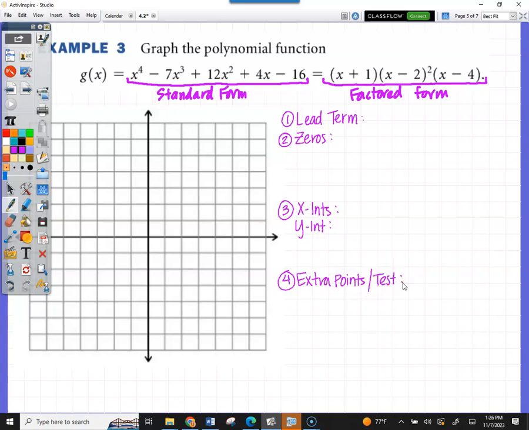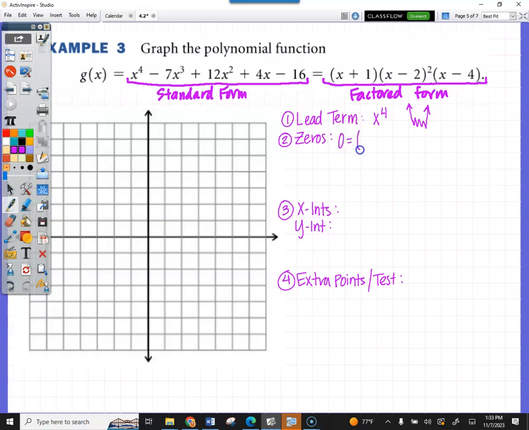Okay, we are looking at this. What's the lead term from standard form? X to the 4th power. Okay, so it's positive, even, so it's a touchdown, right? With some curves in the middle. How many curves in the middle? Up to 3. All right, zeros.